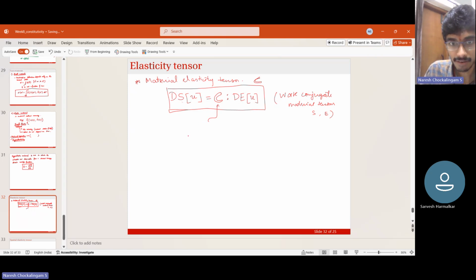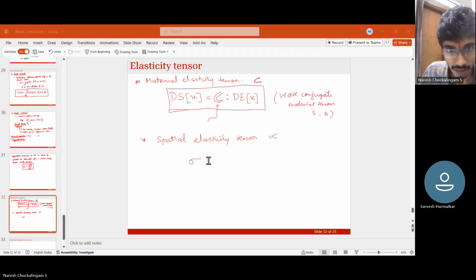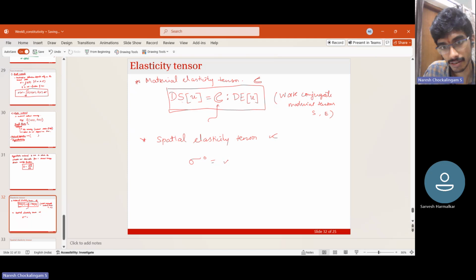But you can also have a spatial elasticity tensor, which relates the rate of... denoted by small c. It relates the rate of sigma with the velocity gradient. So this d is the rate of deformation, the symmetric part of velocity gradient.